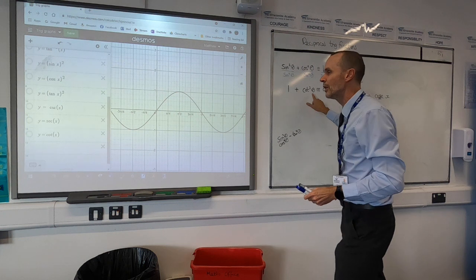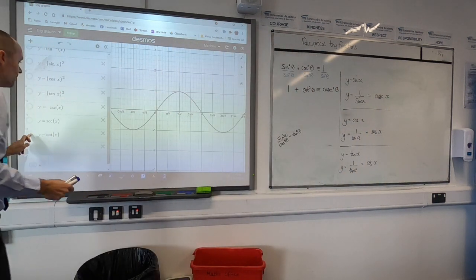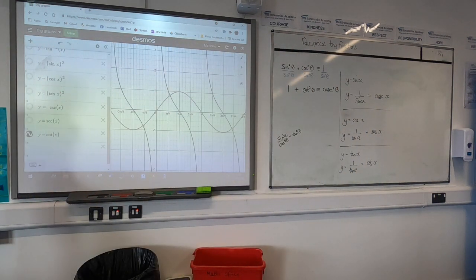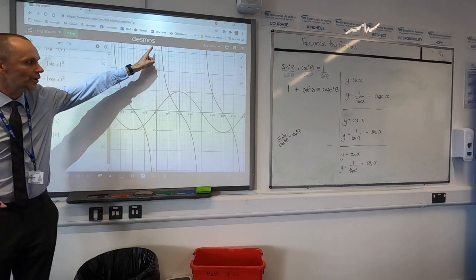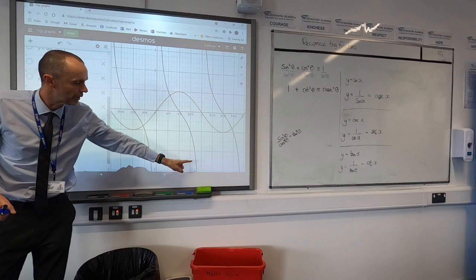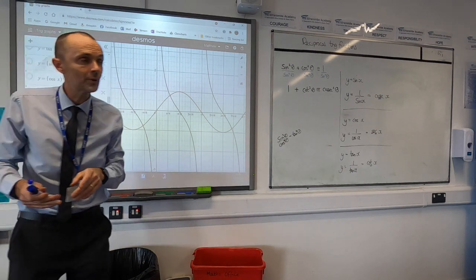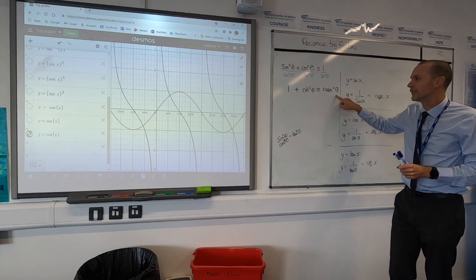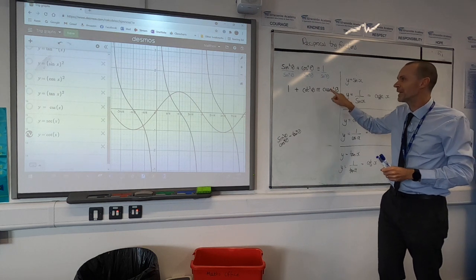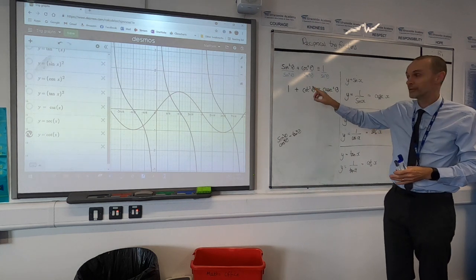But let me show you the cot graph. There's the cot graph. Look, when sine is 0, cot is not defined. So I'm okay because there's no way this can have an answer for theta that would be an angle that would make sine theta 0. So I'm okay for cot.